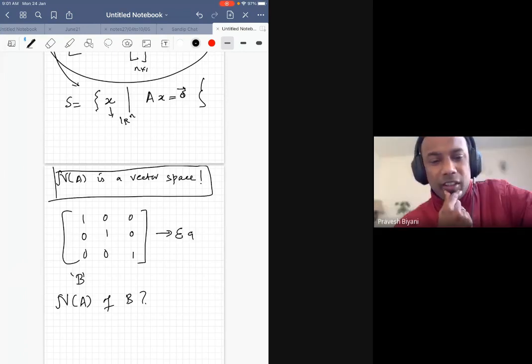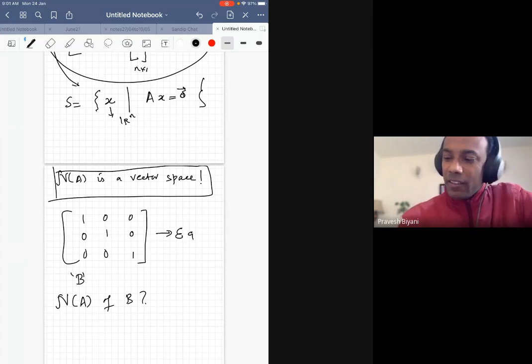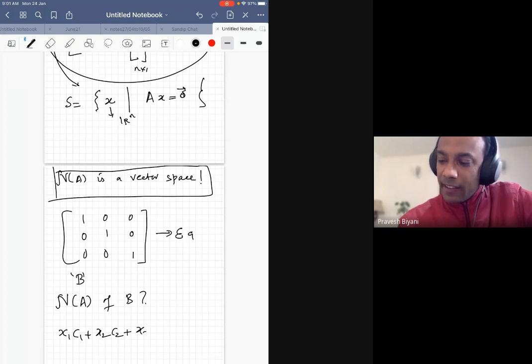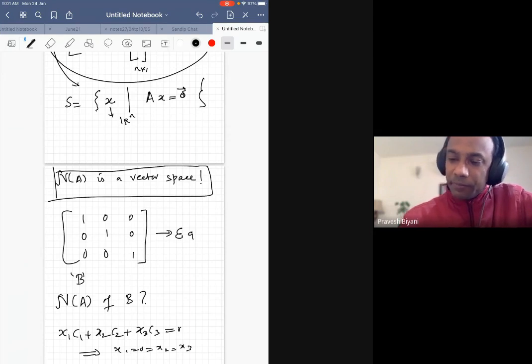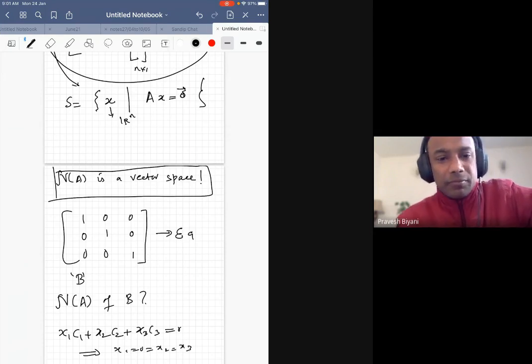So if all the columns are linearly independent, is it correct that x1 c1 plus x2 c2 plus x3 c3 is equal to 0 implies x1 is equal to x2 is equal to x3 is equal to 0? So other than 0, 0, 0, there is no way I can write. You agree, right?